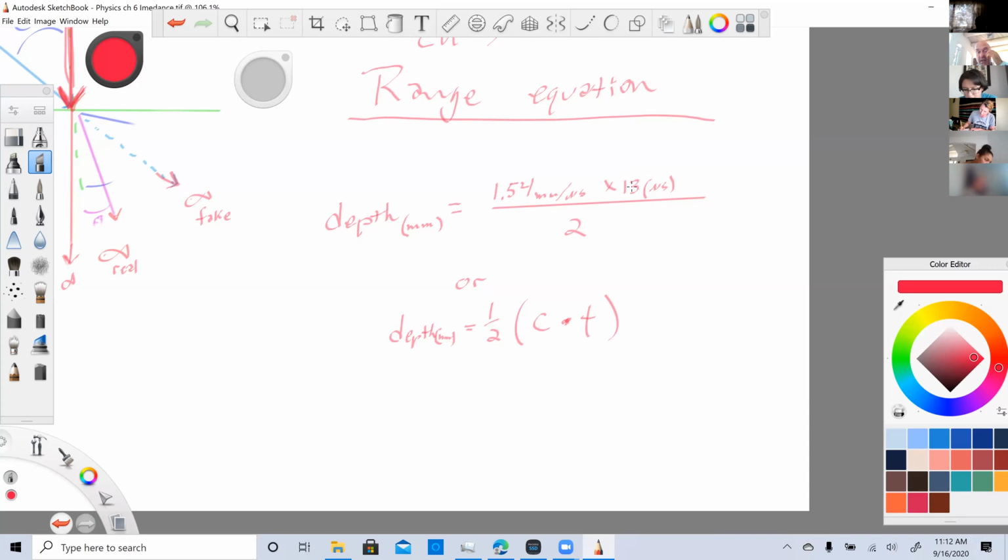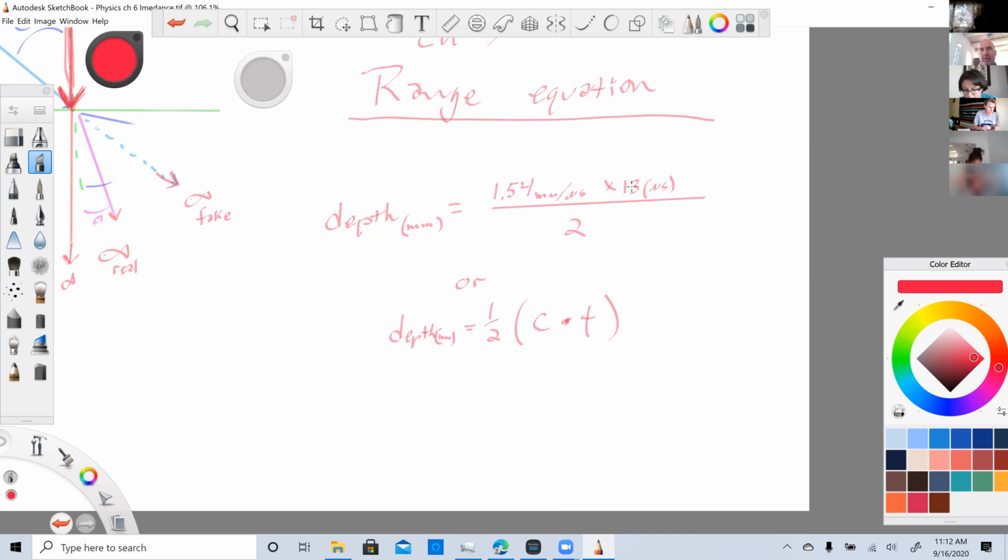So if it takes 13 microseconds, well, let me just do this. Pull my calculator out. Hit clear, 1.54 times 13 equals 19.76. That doesn't seem right. Divide that by 2, 9.88.